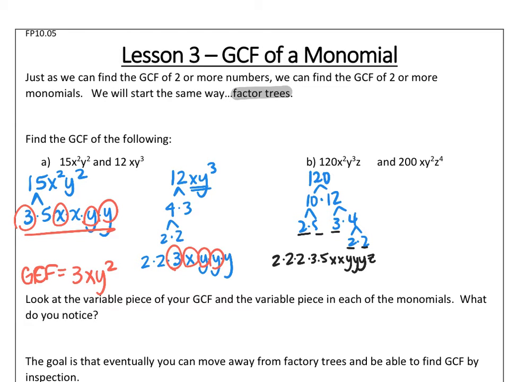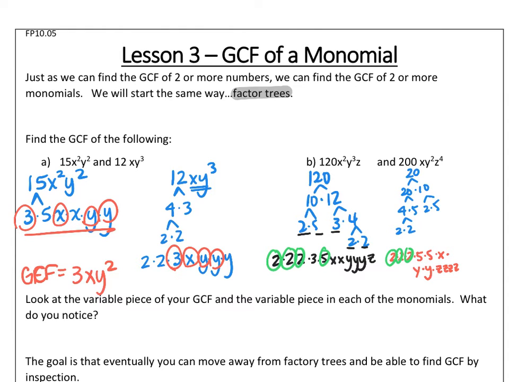And let's do the same thing. So for 200, I have 20 times 10, 4 times 5, 2 times 5, 2 times 2. So this guy becomes 2 times 2 times 2 times 5 times 5 times x times, I'm running out of space, y times z, z, z, z. Okay, so what's common to them? Well, I've got 3 2's in common.